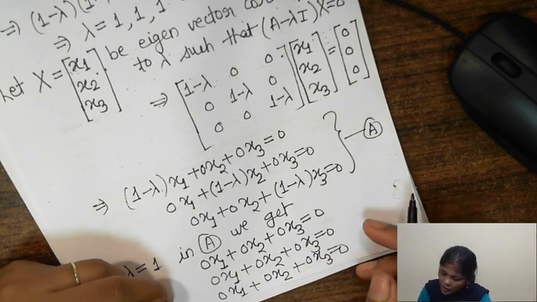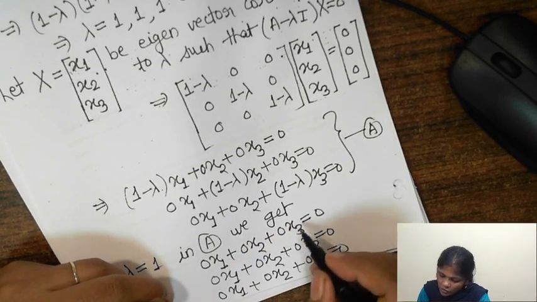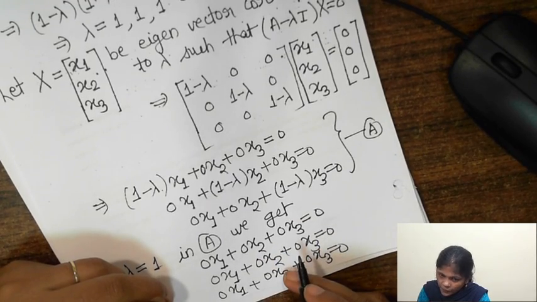So what we are finding here is that the coefficients of x1, x2 and x3 are all 0.